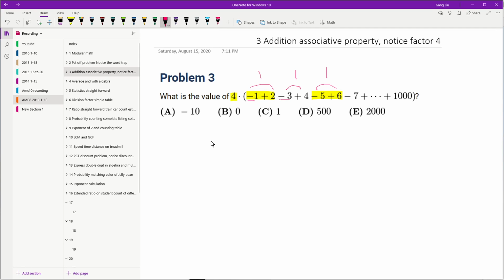Because we have 1000 values, and 1000 divided by 2 equals 500 pairs, and 500 pairs will yield 500 multiplied by 1 equals 500. Then we have a factor of 4 to multiply. That's going to be 4 multiplied by 500 equals 2000. That's the answer E.